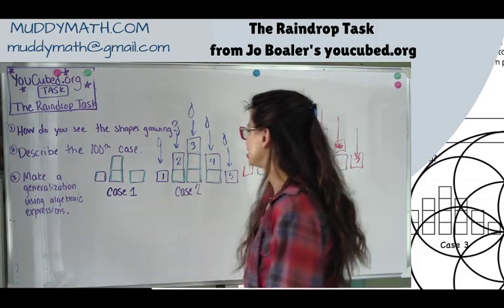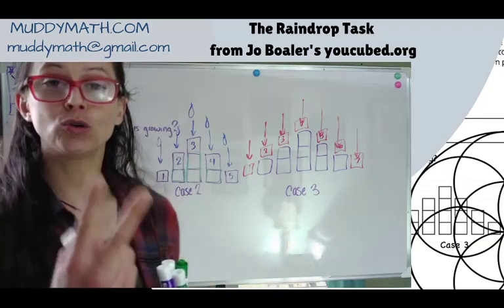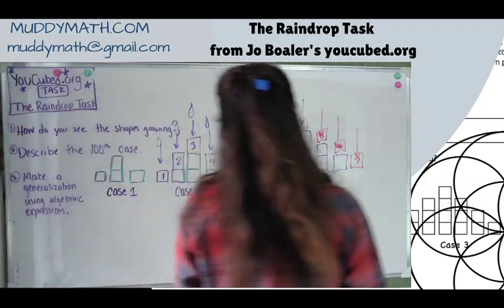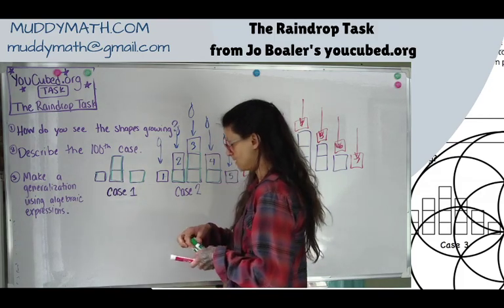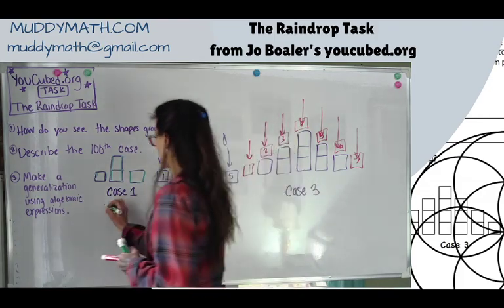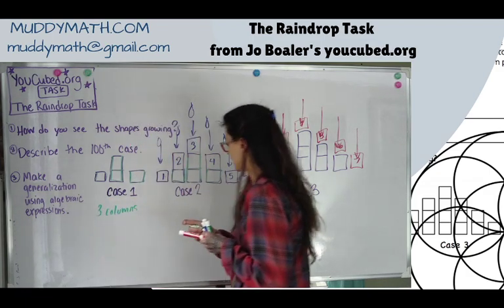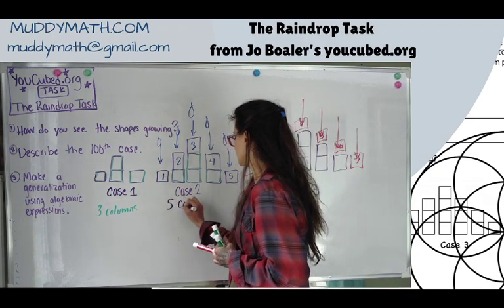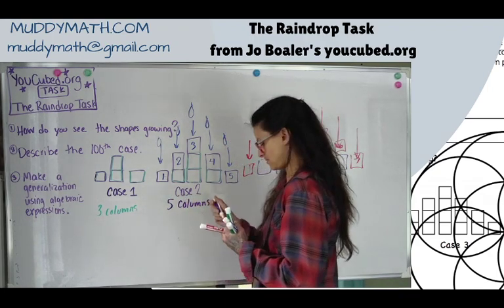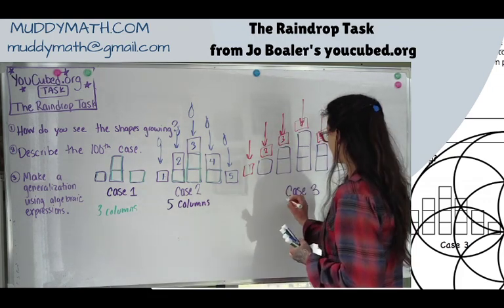The way I would describe it growing is that for each case, 2 additional columns get added. So in case 1, we started with 3 columns. Then in case 2, we had 5 columns. And then in case 3, we have 7 columns.